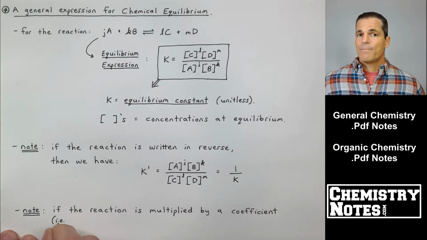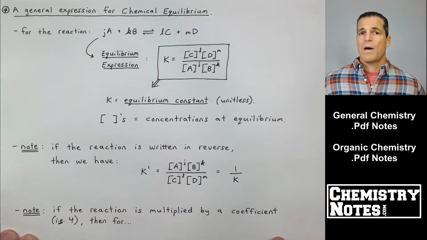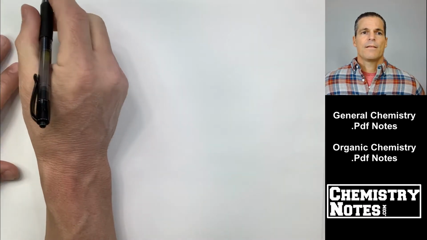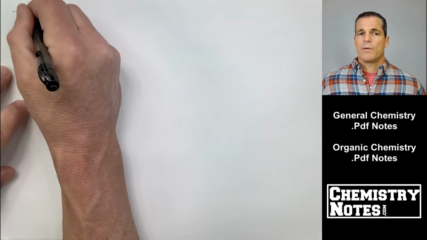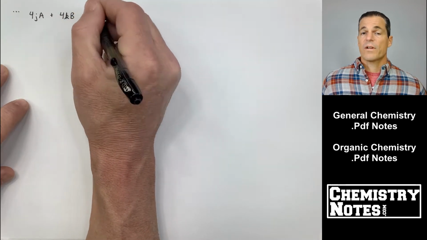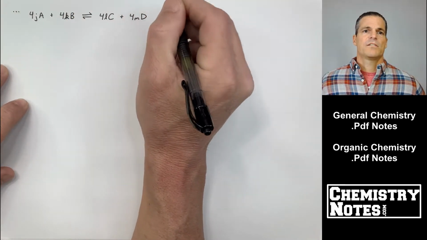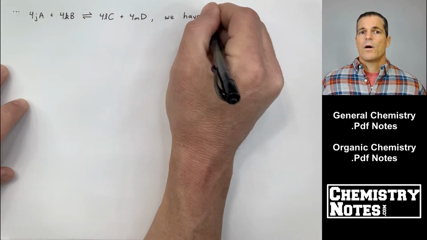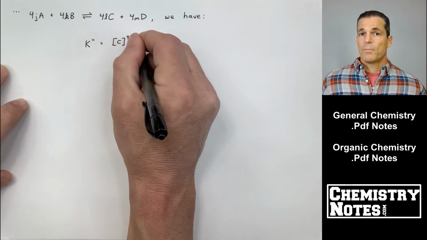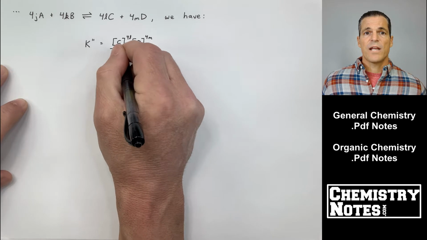Very similarly, if I were to multiply my forward reaction through by a coefficient, say 4, then we would get the following equilibrium expression. So I have 4J A plus 4K B yields 4L C plus 4M D. Well, my equilibrium expression would be K double prime equals concentration of products over concentration of reactants.